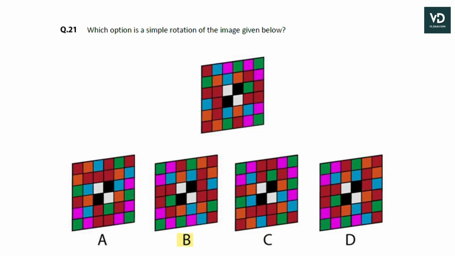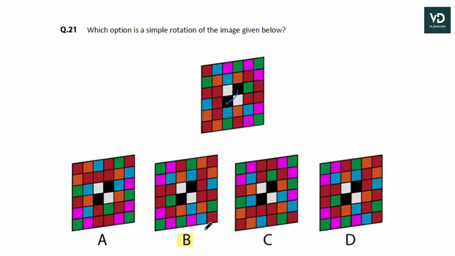21st question, which option is a similar rotation of the image given below? And the correct option is B. As we can see, we need to notice the common part of the given image that is rotated. So here we can see there are 2 white and 2 black.